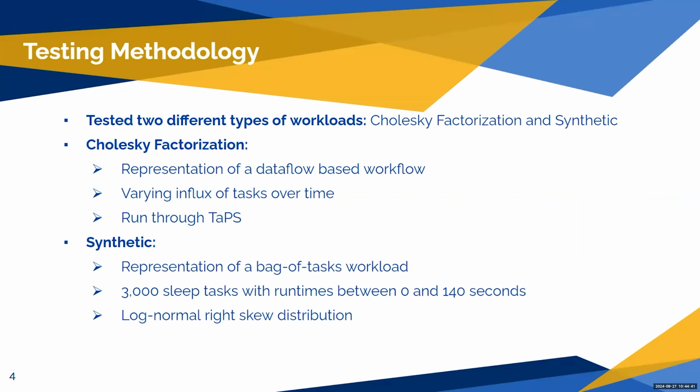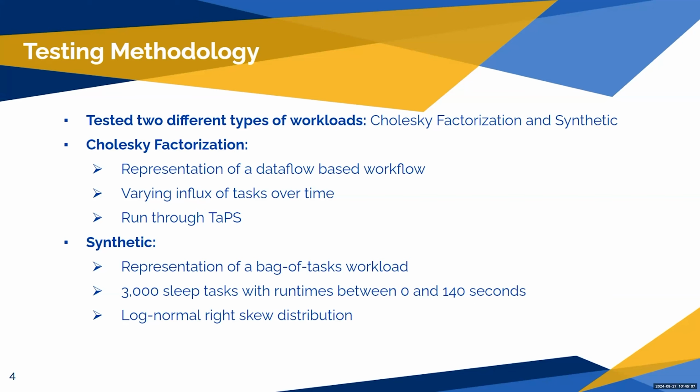The testing methodology was that I tested two different workloads, a Cholesky factorization and a synthetic workload. The Cholesky factorization workload was representative of a data flow based workload, where tasks come in throughout the runtime of the workflow. There are spikes in tasks, and as work gets done, more tasks are spawned due to dependencies.